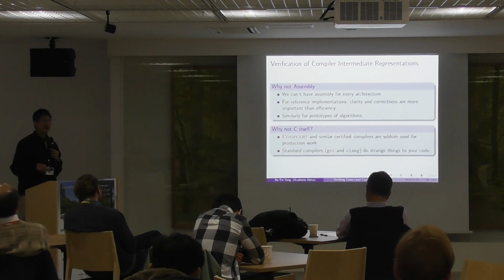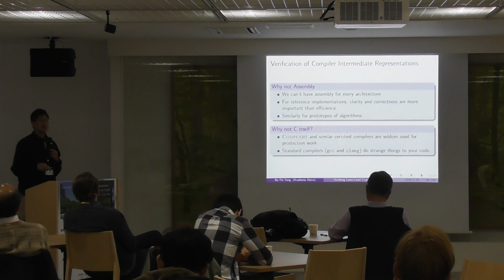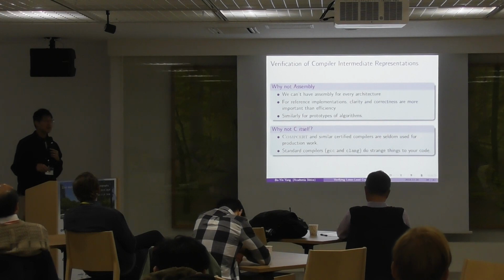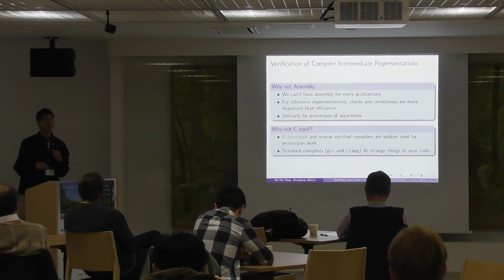And the compilers that we use every day, which are GCC and Clang, actually make strange modifications to your code. So if we can verify the intermediate representation before the architecture-dependent optimizations, we can trust better the program and the result.